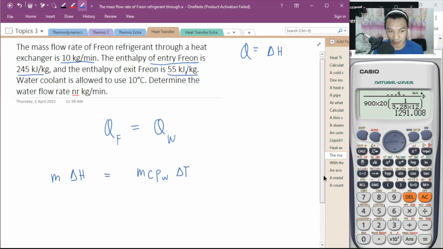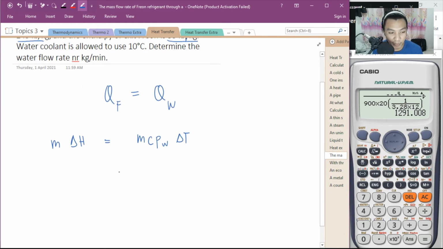As always, in order for you to get yung mass of the cooling water is always equal to the mass nung iyong fluid, okay? You multiply it with the hot enthalpy minus enthalpy at low divided by Cp of the cooling water, then delta T, T hot minus T low.